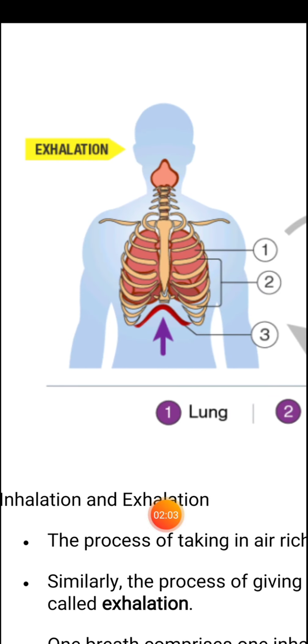When we are exhaling, the amount of carbon dioxide will be higher than the amount of oxygen. This process is autonomous. It is not controlled by us, and it is 100% controlled by the brain, especially the cerebellum and pons.